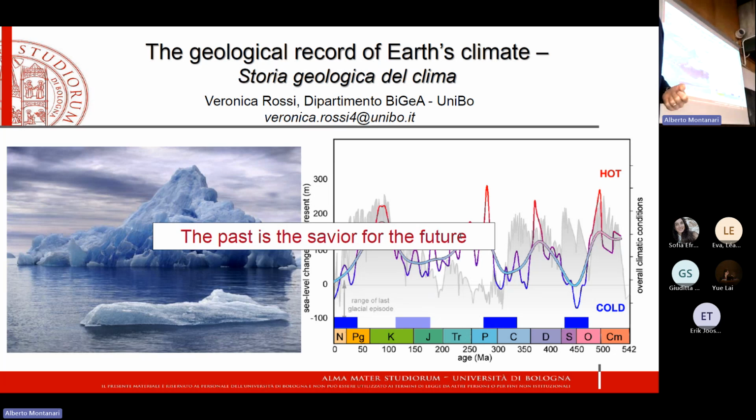And therefore, looking at past changes helps us to better understand what's happening today and to give an attribution to what's happening today. And giving an attribution means identifying the drivers, the causes. Attributing current climate change means getting support for finding solutions to mitigate it, and solutions to better understand what's going on into the future, so to improve our capability to predict what will happen during the 21st century.